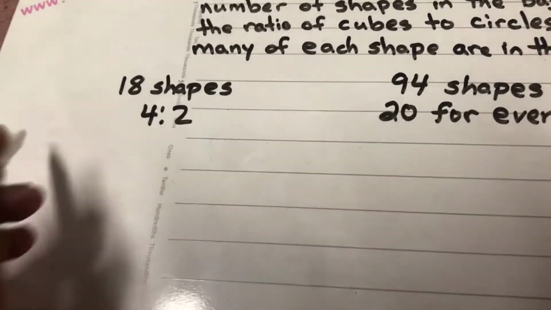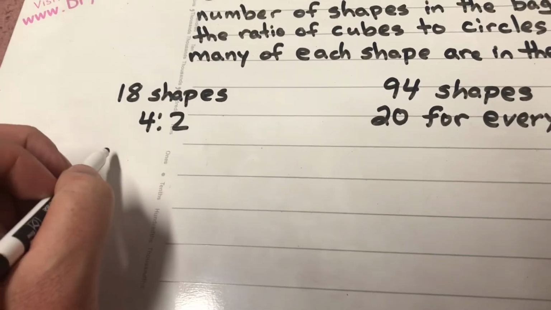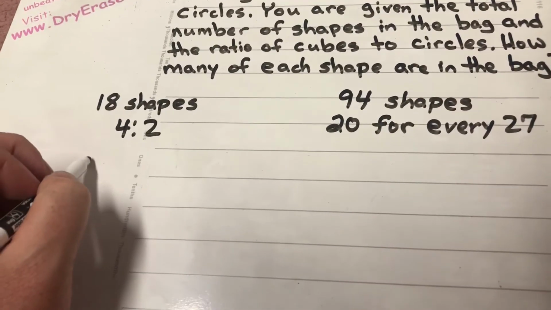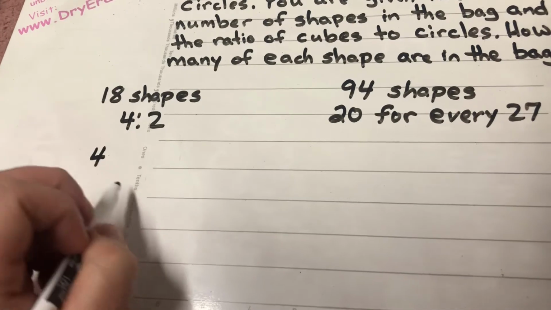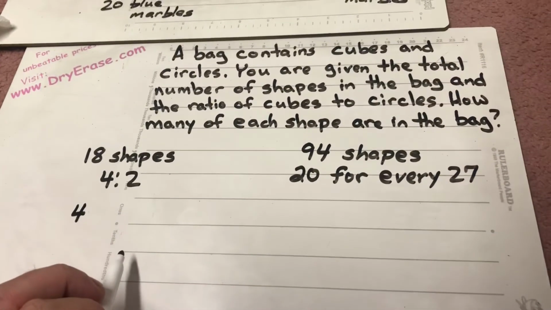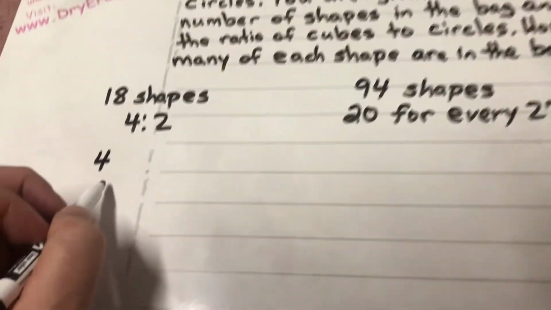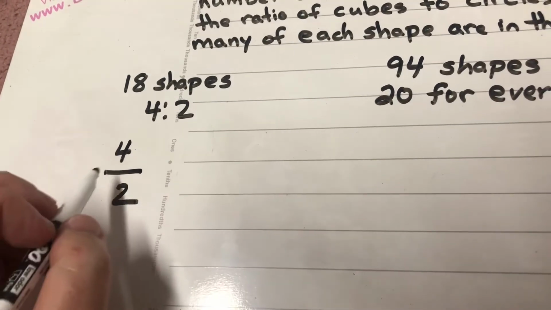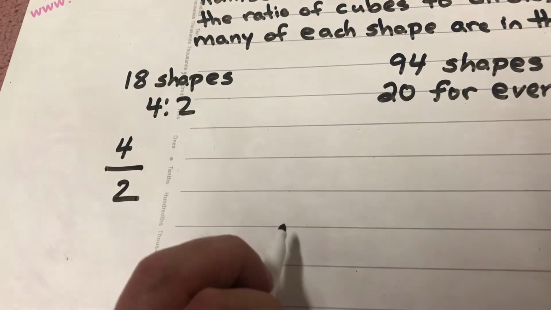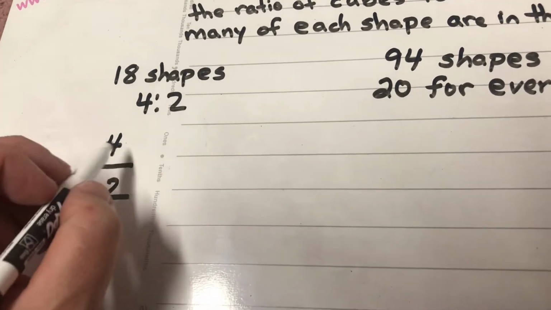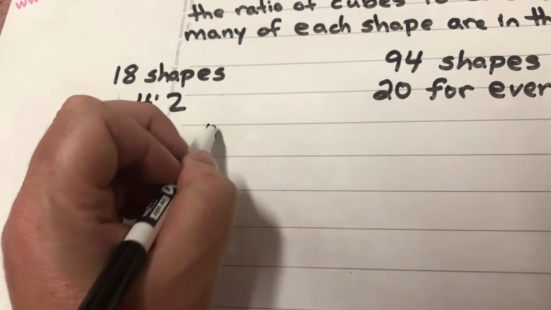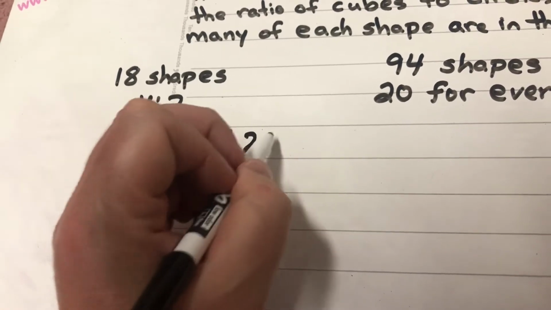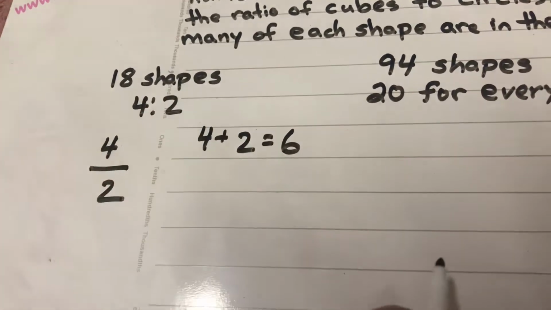Well, I know that for every 4 cubes, there are 2 circles. 4 cubes and 2 circles. When I think about that, I think, well, 4 plus 2 equals 6.